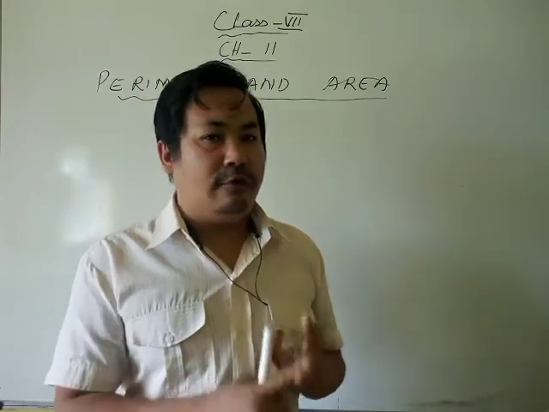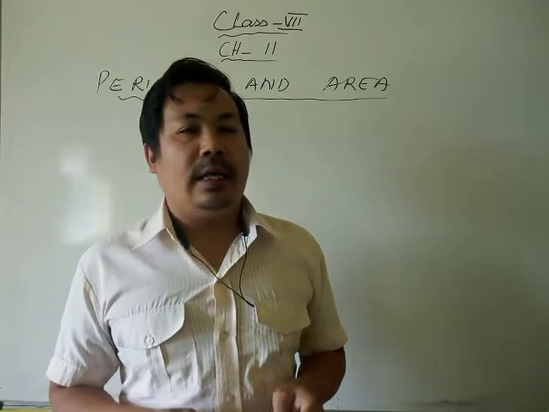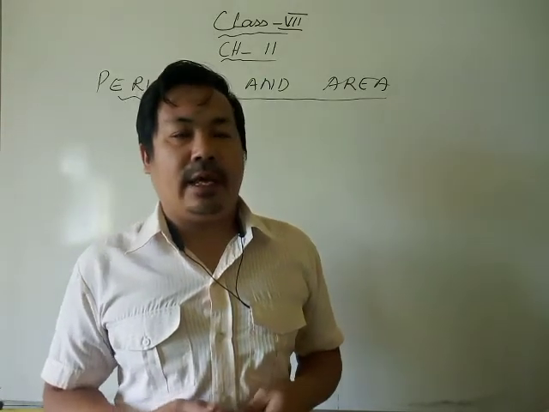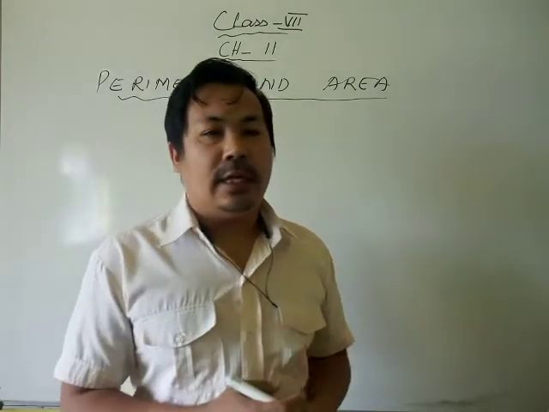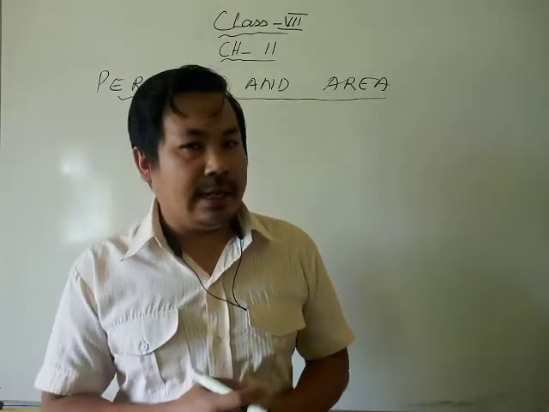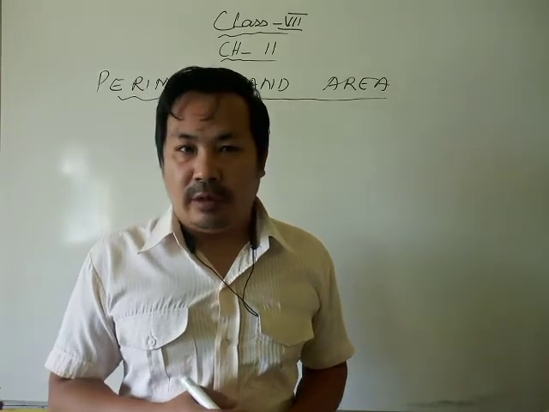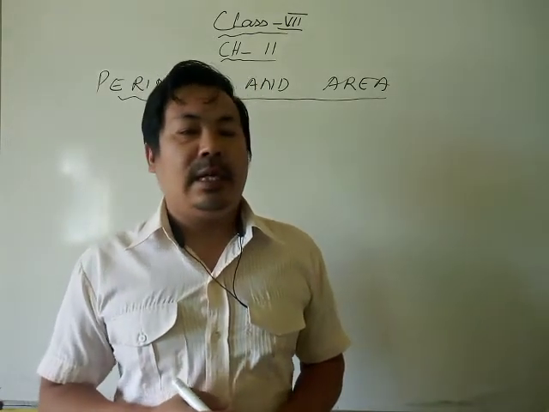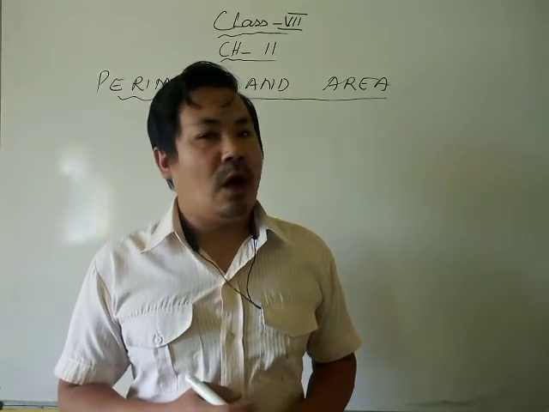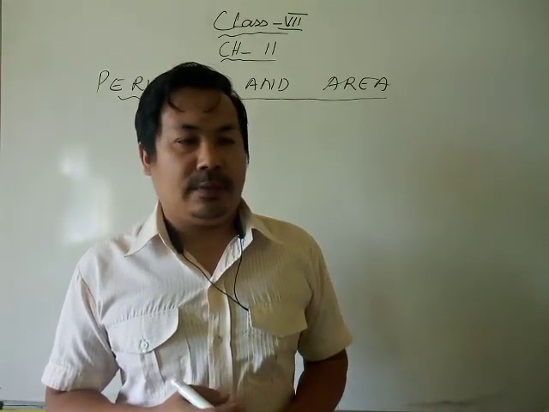The line that you draw for the shape is called its boundary or its edge. So the whole line that you draw for the shape is called the boundary line, or in geometry it is known as the perimeter. The total length of the boundary of the figure is called perimeter.